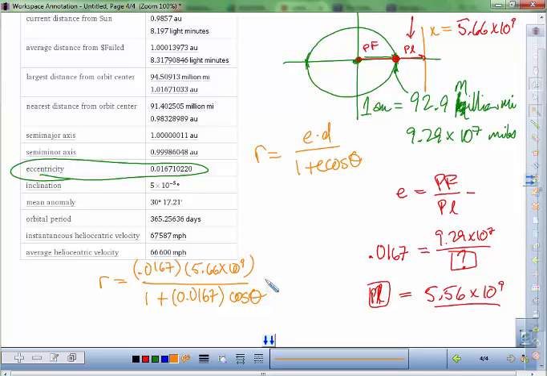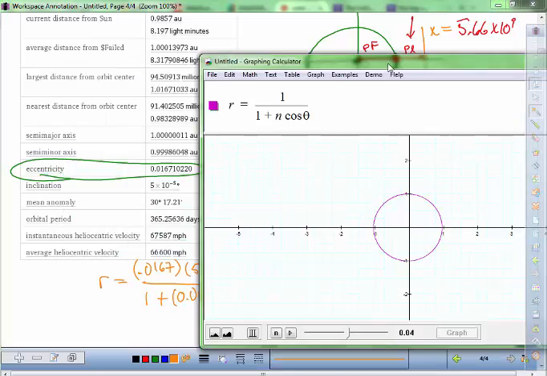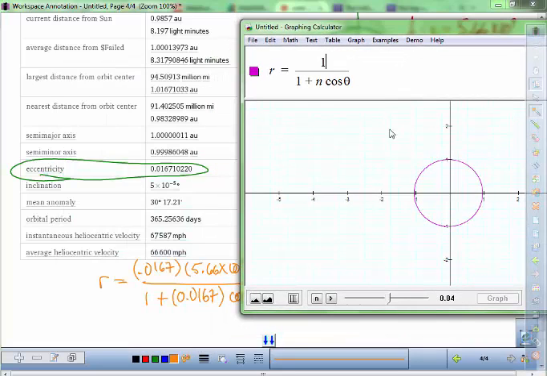So let's take a look at the graph, and let me scratch off the 10 to the 9th, because that might get too big for my graphic. So let's see. This thing should be close to a circle. Why don't I just put 0.0167 times 5.66, and let's scratch out that other factor, it'll just make it too big.